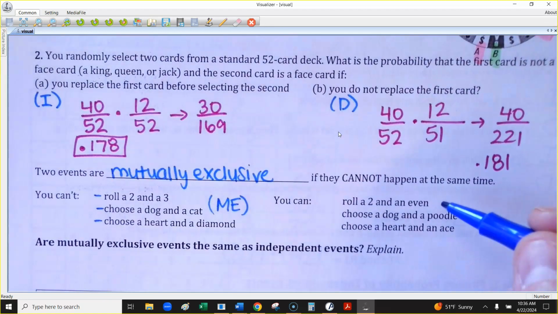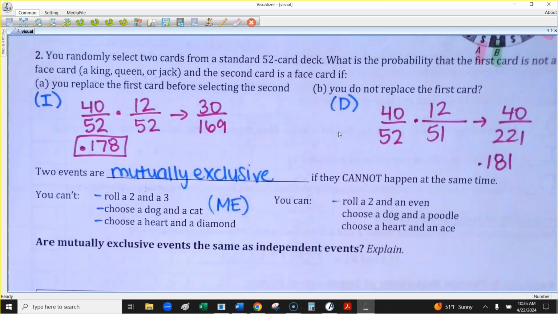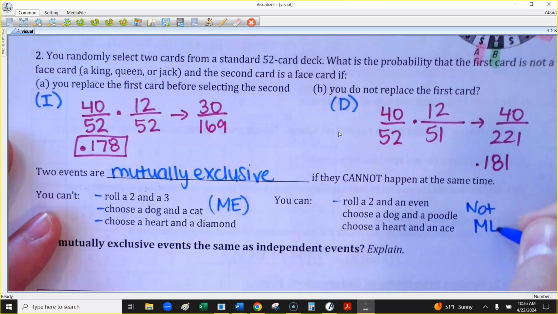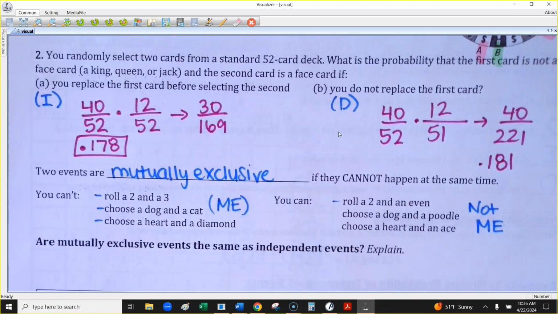Now, if I rolled a die, I could roll a 2 and I could roll an even number because a 2 is an even number. So those are not mutually exclusive. So I'm going to write over here, all these examples are not mutually exclusive. So I'm not going to use the formula I'm going to give you below here. If I went to the dog store, I could choose a dog and a poodle at the same time because a poodle is a type of dog.